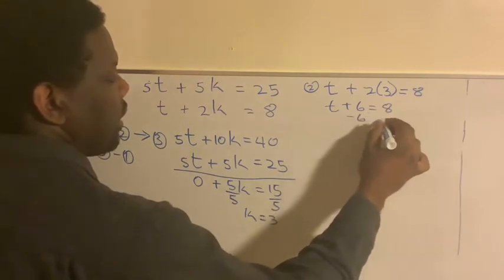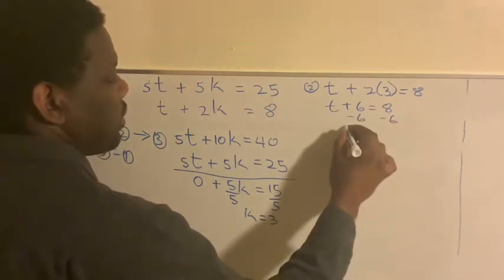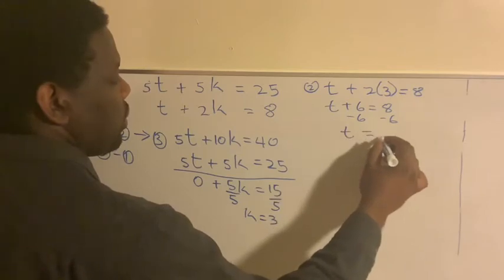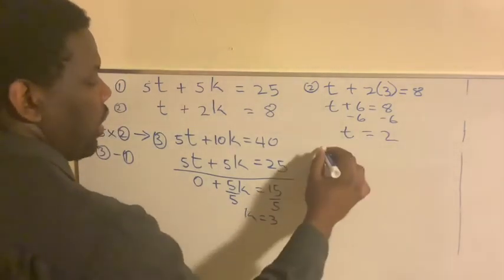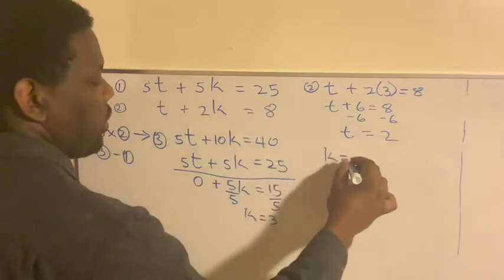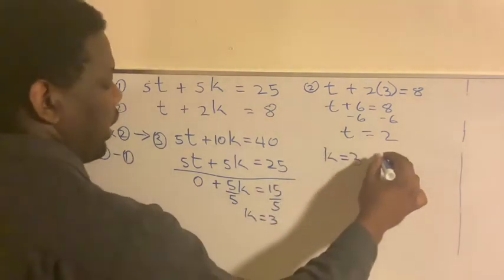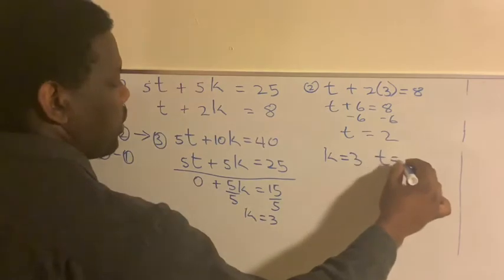Subtract 6 on each side. t is equal to 2. So our final solution set, we have k is equal to 3 and t is equal to 2.